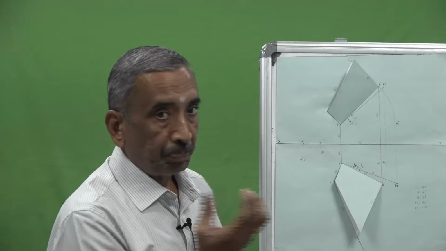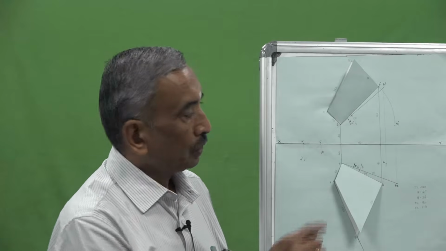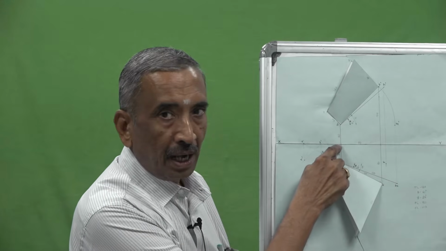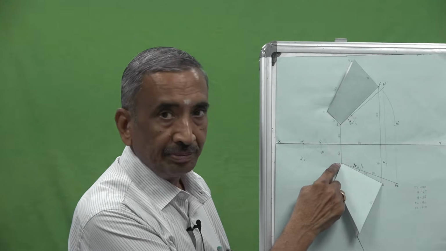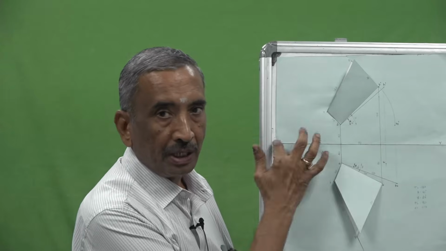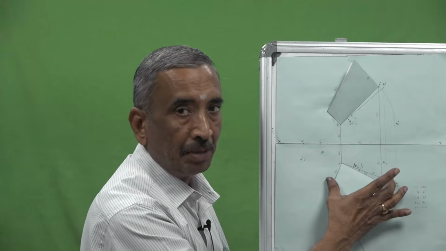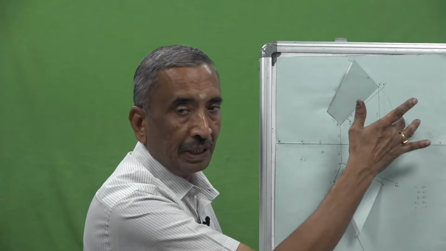Then point A is 40 mm in front of VP. So from the XY line in the downward direction, locate 40 mm, that will be the top view of the point A. So we have drawn the XY line, we have drawn the first vertical line on which we will be having the front view and top view of A. We have drawn another vertical line at a distance of 80 mm on which we will be having the front view and the top view of the point B. So point A is 40 mm above HP.